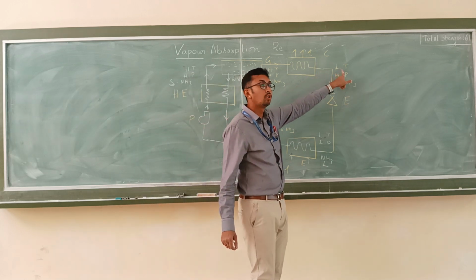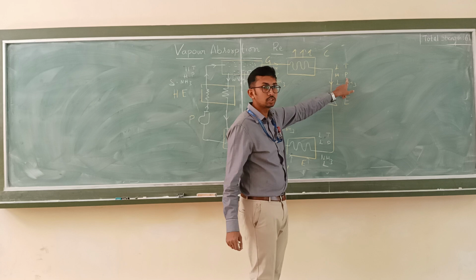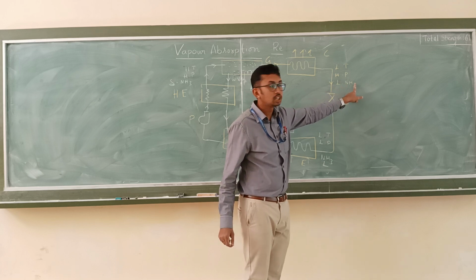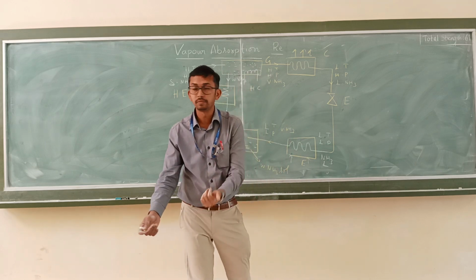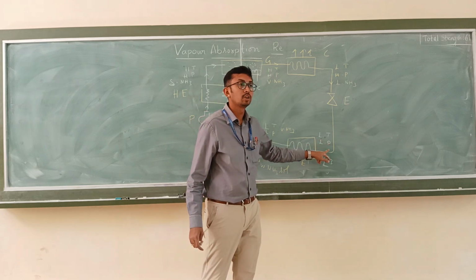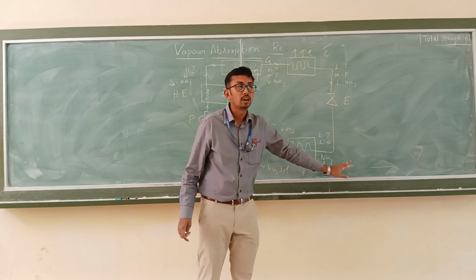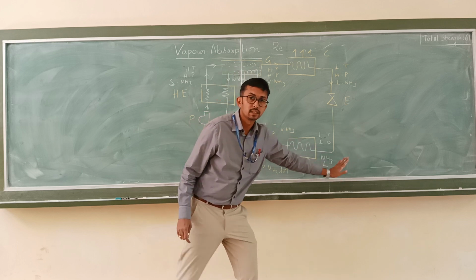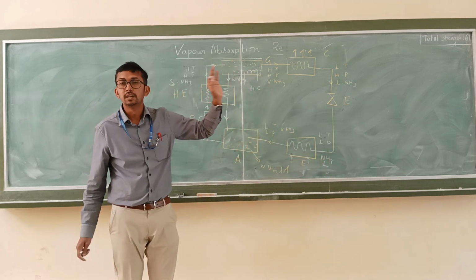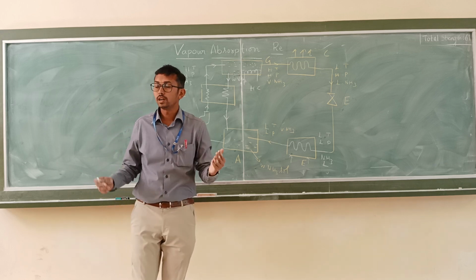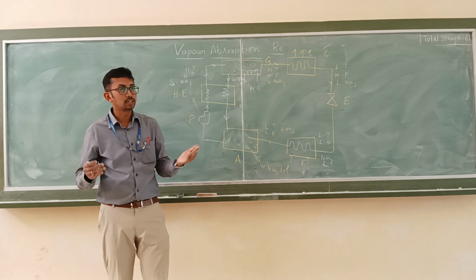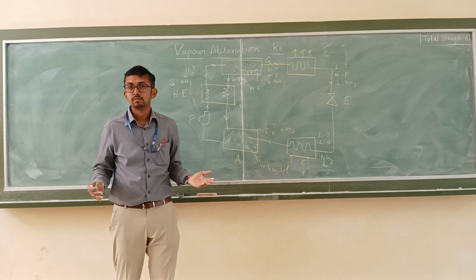This low temperature, high pressure liquid ammonia is passed to the expansion valve, where it expands to low temperature, low pressure liquid ammonia. Once again the cycle repeats. In this way we reduce the temperature of a cabinet or wherever it is. Is it clear?